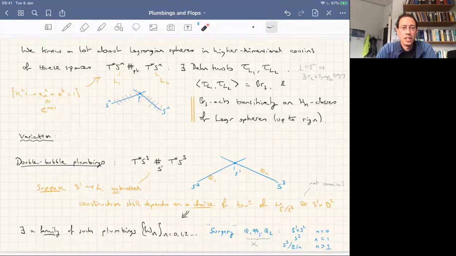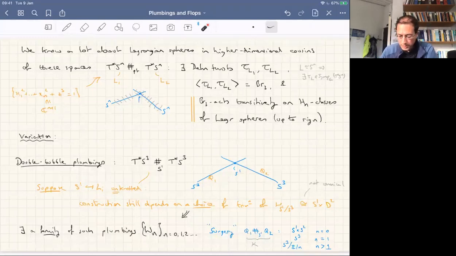And what you could think of is that as I walk along this circle in the normal bundle, in transverse directions, I see the two-dimensional version of this story. So I can form this plumbing that I call a double bubble plumbing, because it looks like two bubbles glued together. And I'll take a simple situation in which the circle in S^3 is just an unknot, it's a linear circle.